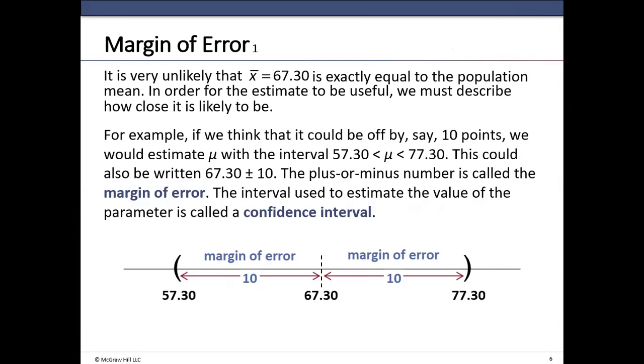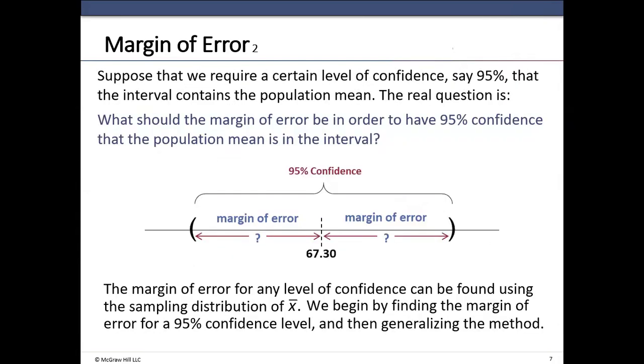The plus or minus number is called the margin of error. The interval used to estimate the value of the parameter is called the confidence interval. So 10 is called the margin of error. Suppose that we require a certain level of confidence, say 95%, that the interval contains the population mean.